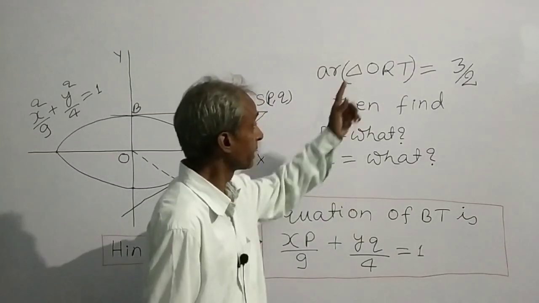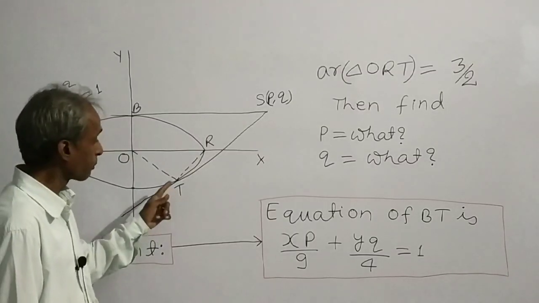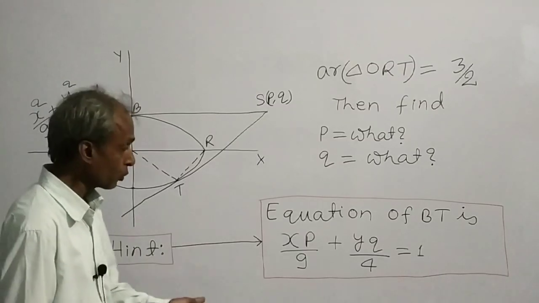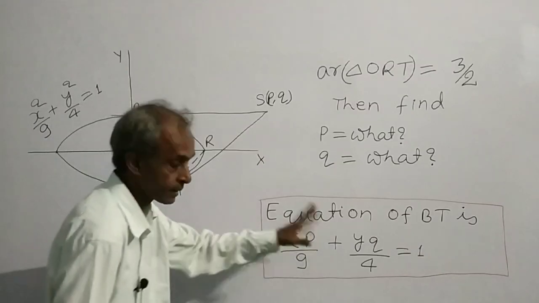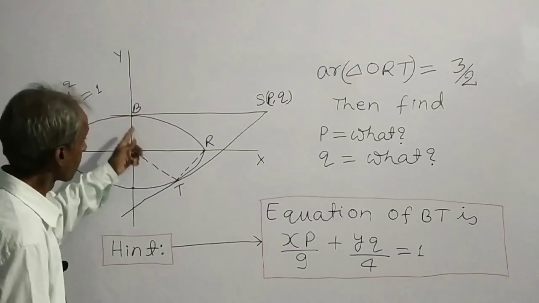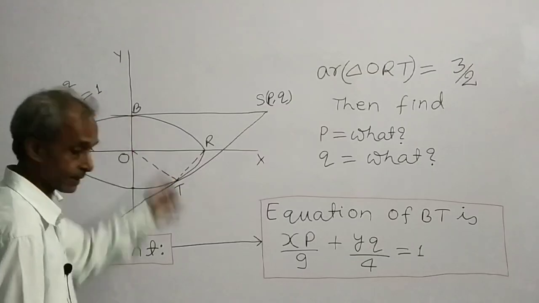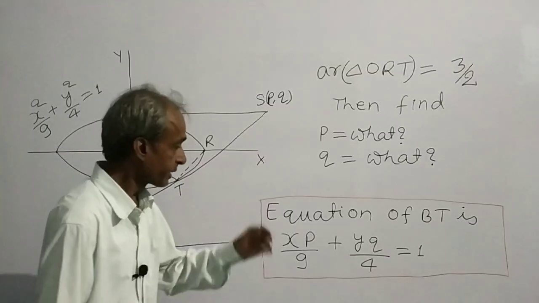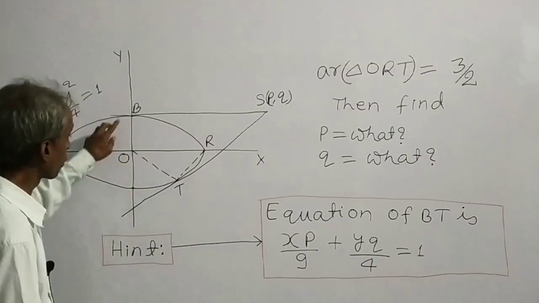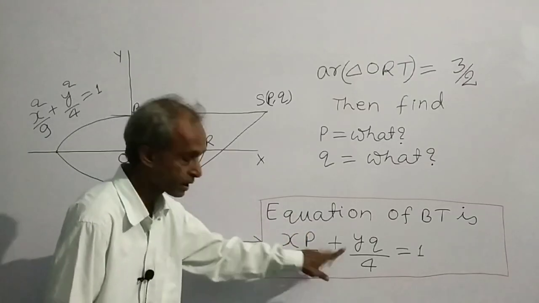Then by using this given information, we will find coordinate of point T. Then we will use this hint that this is equation of BT, a straight line joining the point B and T. Since this line passes through point B and point T, therefore coordinate of B will satisfy this, coordinate of T will satisfy this.